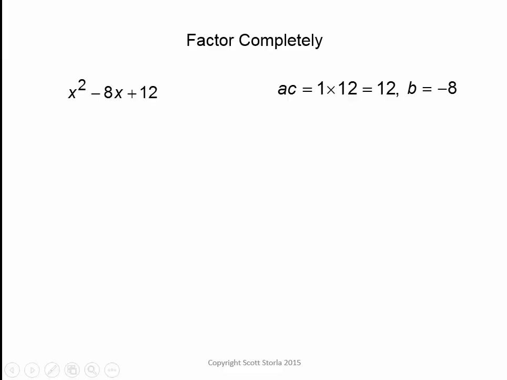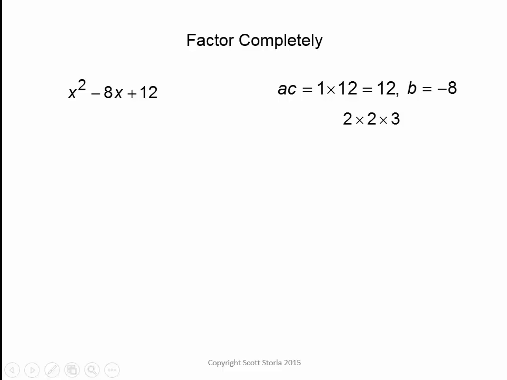Now I'm going to generate all factor pairs for 12. And I do this using prime factorization. Some students like to rely on a calculator, and that's fine. Just keep in mind it will be slower to use a calculator. Prime factorization is faster.